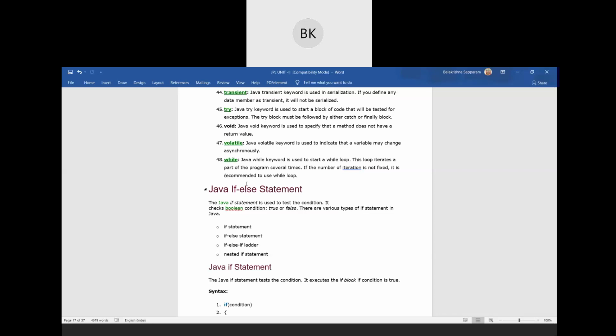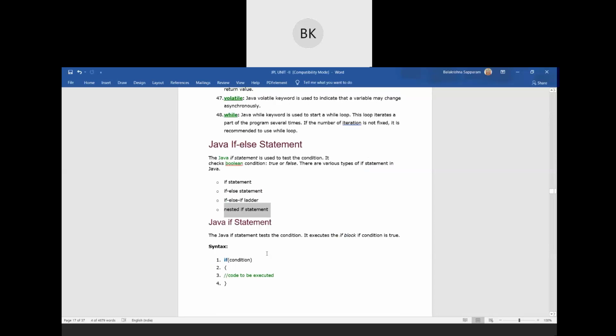Basically, we have only two simple types of if, if and if else. But it is classified into four types. The first one is the simple if statement, then the if else statement, then the else if ladder, and next the nested if statement.